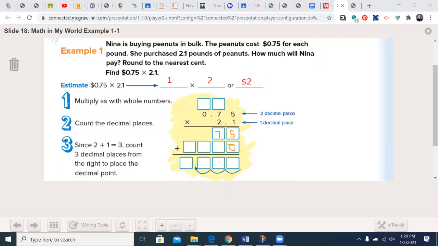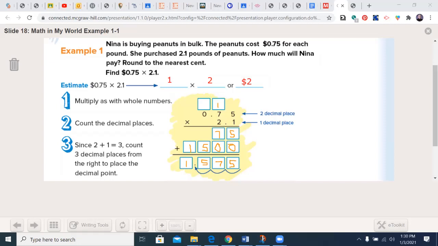Then I can start. 2 times 5 is 10. Put a 0, regroup the 1. 2 times 7 is 14, plus 1 is 15. Now I add 5, 7, 5, 1. So 1,575.